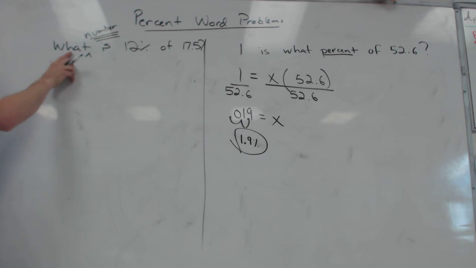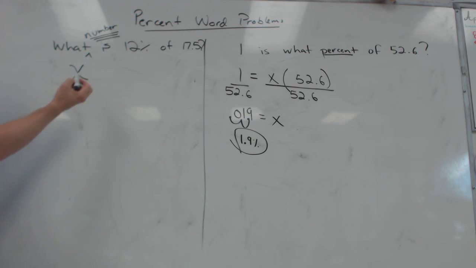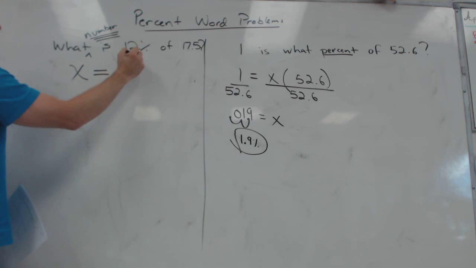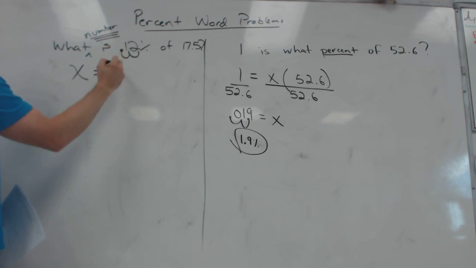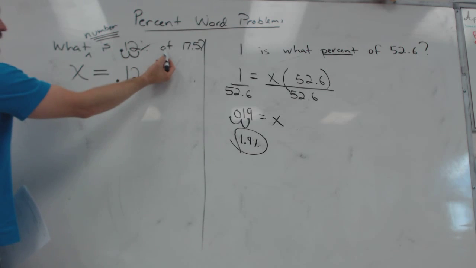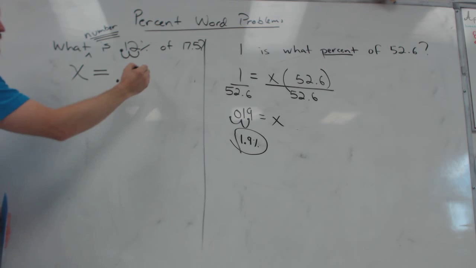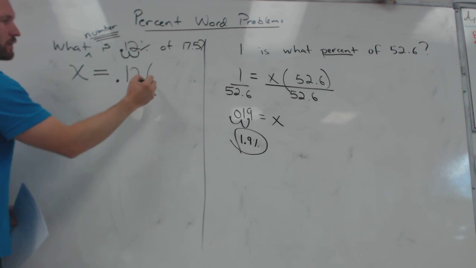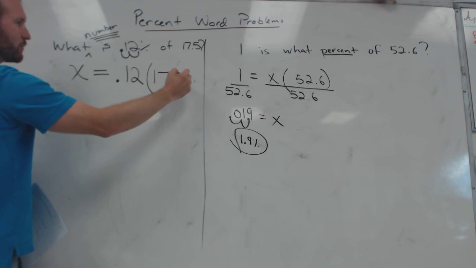Okay, let's change this into algebra. What? You can shout it out with me this time. Ready? What is, x, equals 12%, 0.12, of, times 17.5.